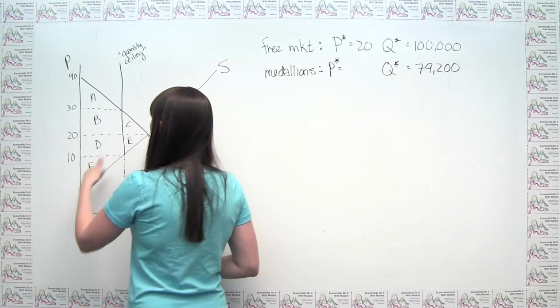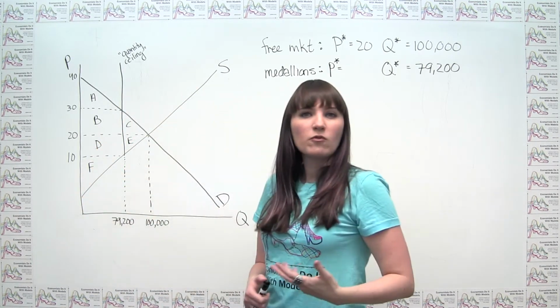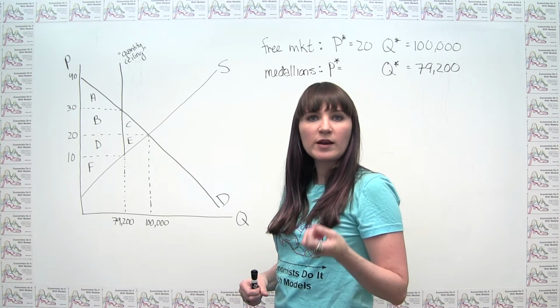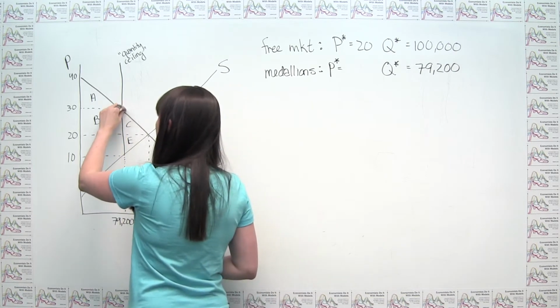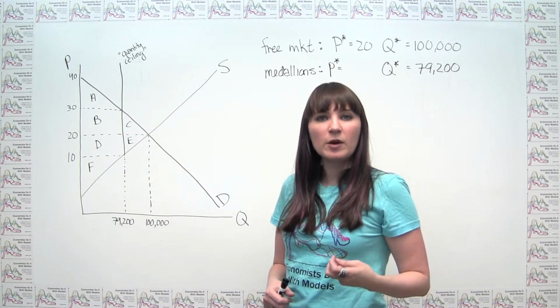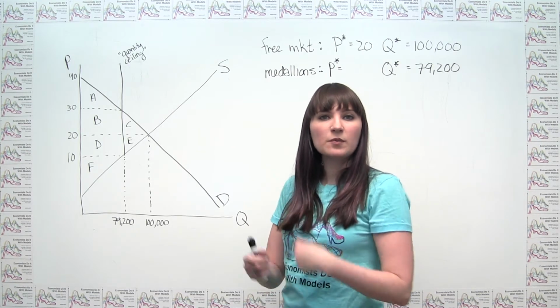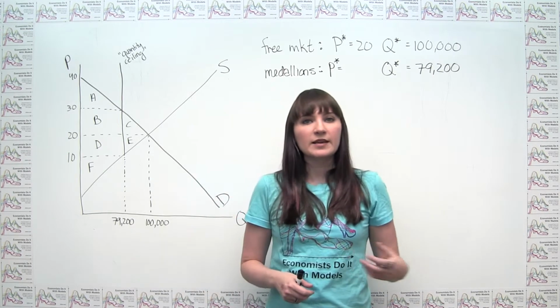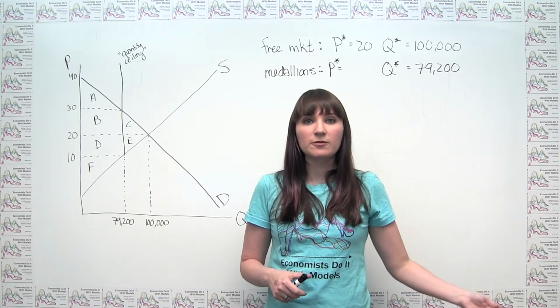And then the producers of taxi rides really don't have any incentive to lower their price below the maximum that the market will bear. Because usually what we see in a competitive market, when we have firms competing with one another, is that they're lowering their price so that they can actually sell more of their stuff.